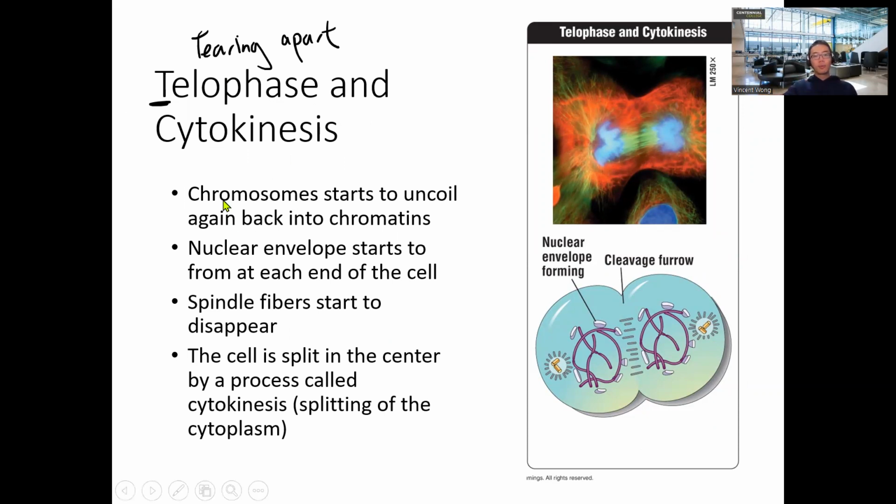So now the chromosomes, since we're done pulling them back and forth, they can uncoil back into chromatin. Right? We want to put them back into the nucleus, so it's time to form the nuclear envelope again. The spindle fibers will disappear. We no longer need to pull the chromosomes around. We don't need the spindle fibers anymore. They can go away. And the cell will split in the center.